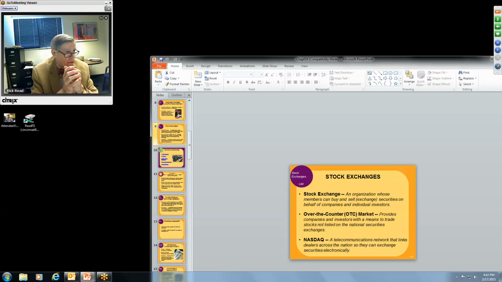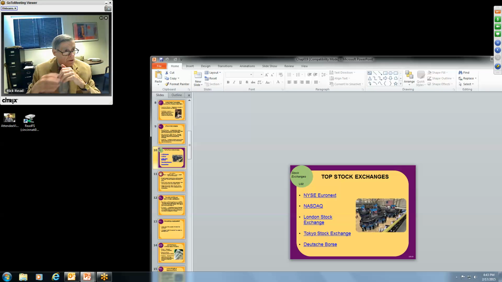The over-the-counter market is a lot different. It provides a means for companies and investors to buy and sell securities that are not listed on either of the two major exchanges in the United States. That's the New York Stock Exchange and the NASDAQ. Some people refer to what the over-the-counter folks trade as penny stocks, usually priced in pennies and dollars, things of that nature.